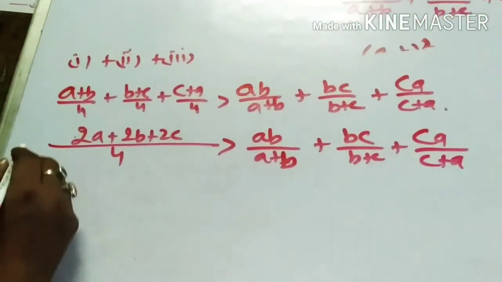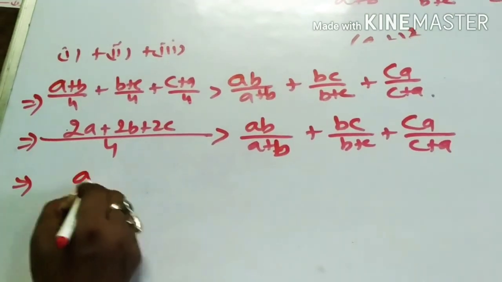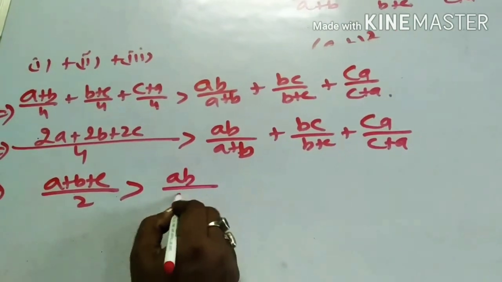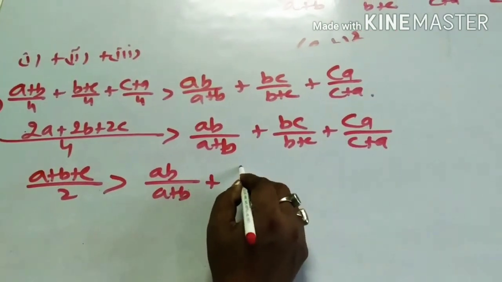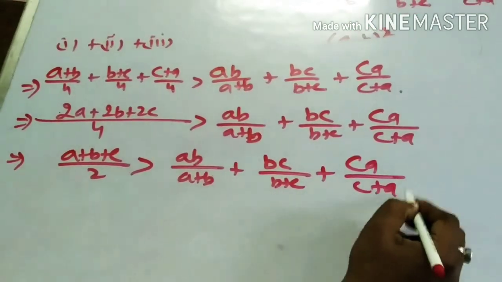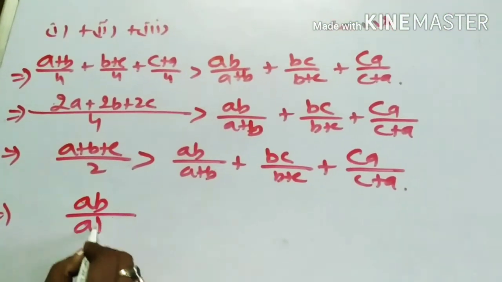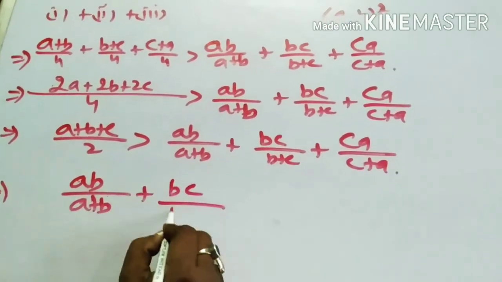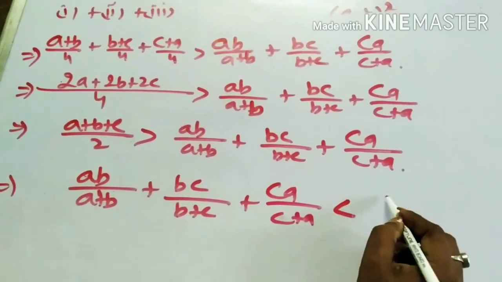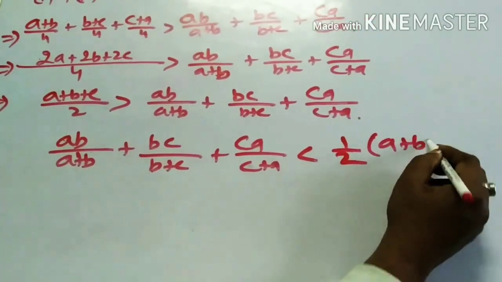So 2 common, and 2 common, that means (A plus B plus C) by 2 is greater than AB by (A plus B) plus BC by (B plus C) plus CA by (C plus A). So this I can write like this also: AB by (A plus B) plus BC by (B plus C) plus CA by (C plus A) less than 1 by 2 (A plus B plus C).